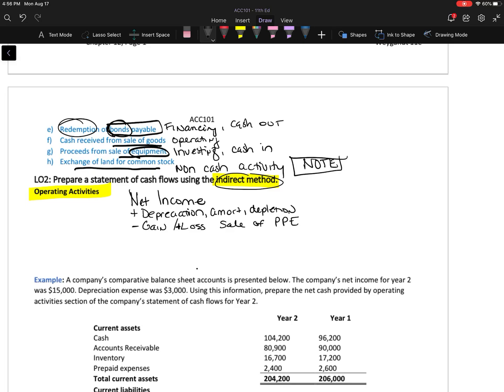So if you have a gain on a sale of a property, that's an additional gain because you're basically taking the difference between your book value and the cash received. Well, we're going to record the cash received in the investing section. So we don't want that gain to be reflected in net income.